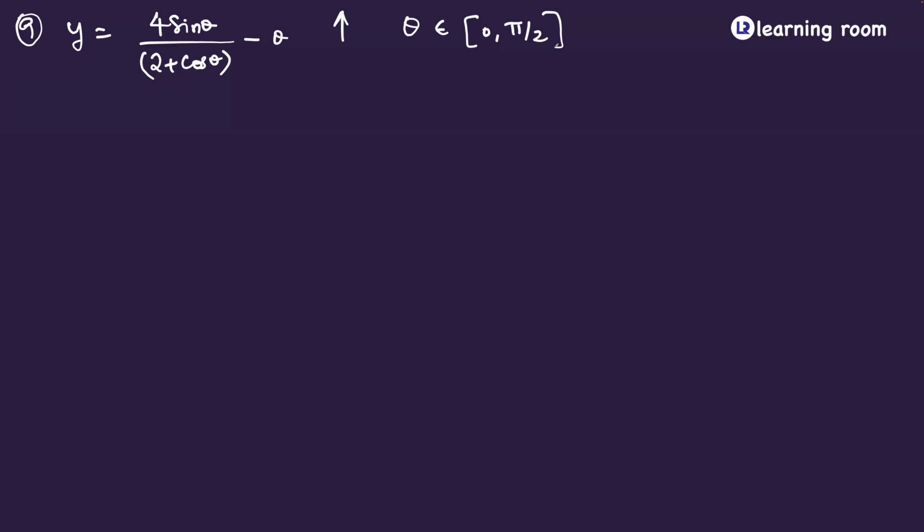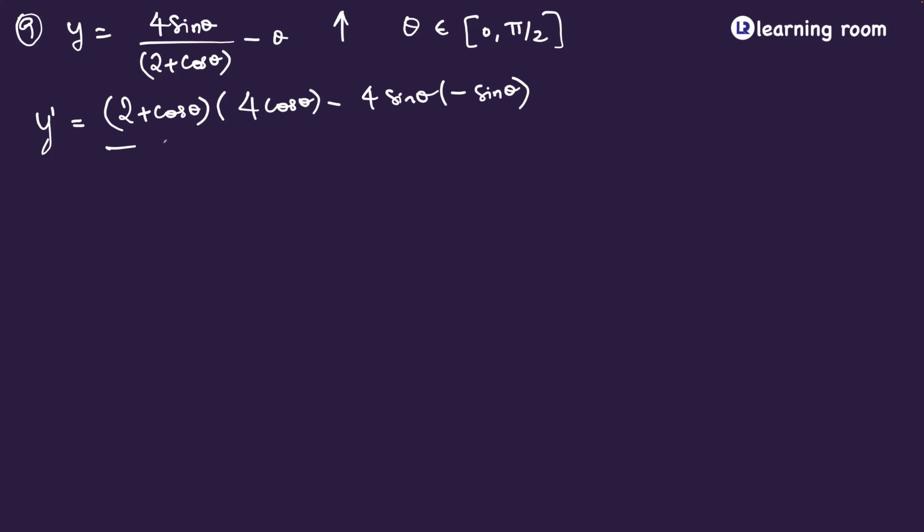So how to do this? What is y dash? By the quotient rule, the derivative is 2 plus cos theta into 4 cos theta, minus 4 sin theta into the derivative of the denominator, which is minus sin theta, the whole divided by 2 plus cos theta the whole square, minus 1.